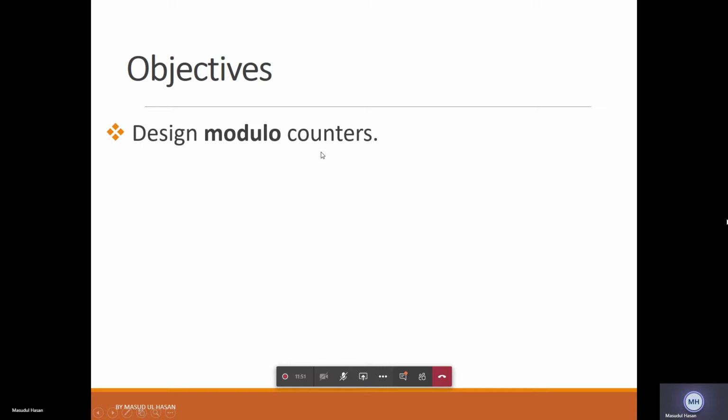So when CE is 1, reset is not there, and clock is there, it will start counting. So what will happen? It will be like this. This is the clock applied to both of them, and reset is initially done in the beginning. Reset was there, then reset is cancelled. So it will work as normal operation. It will do its normal job because the reset is no more there.